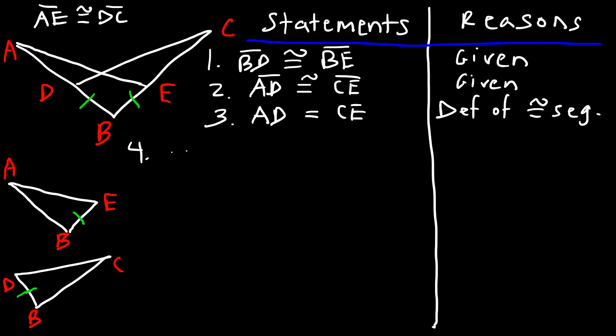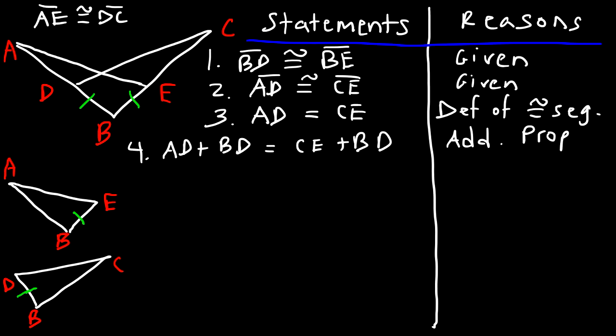So in step 4, AD plus BD is equal to CE plus BD. And that's basically the addition property of equality. Anytime you add a constant value to both sides of the equation, that's the addition property.